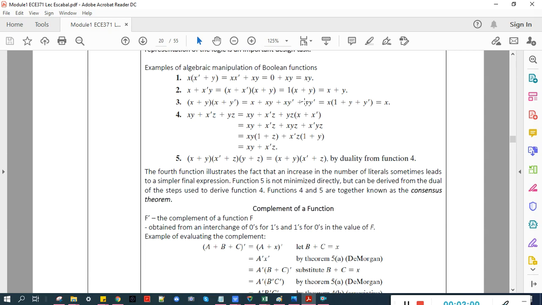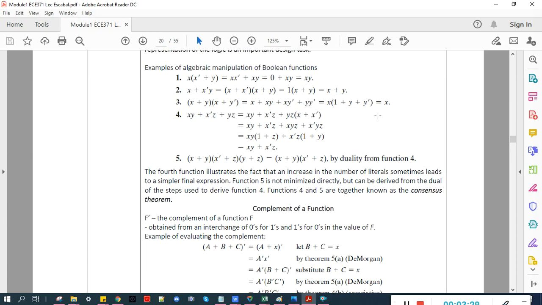So how are we going to simplify this? Combine all the terms with the same elements, so it becomes x factored out, which is the common element, times (1 + y' + ...). Here, 1 + y' is just equal to 1.